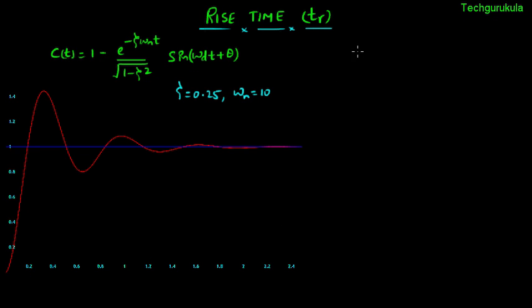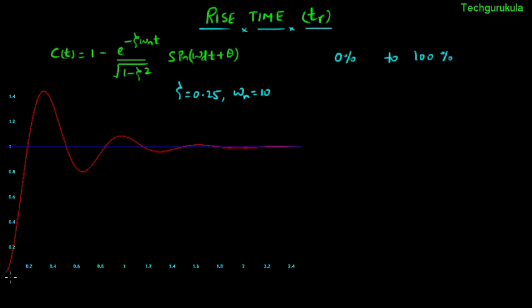Rise time for an underdamped case is defined as the time that the output response takes to go from 0% of its final value to 100% of its final value in the first attempt. Let us look at the graph and understand this definition.